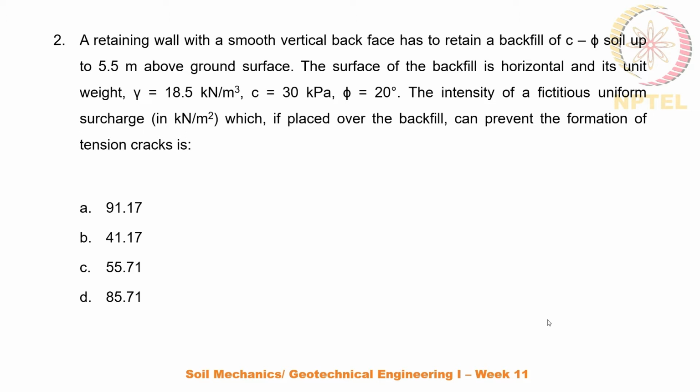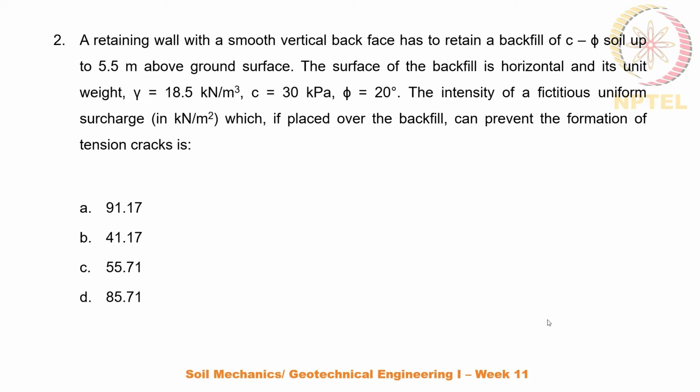So, we are given a retaining wall which has a smooth vertical back face, and the height of the backfill it has to support is 5.5 meters above the ground surface. The unit weight of the soil in the backfill is 18.5 kilonewton per meter cube.